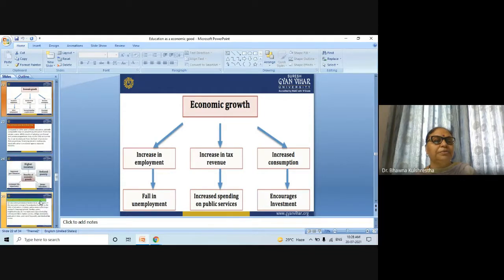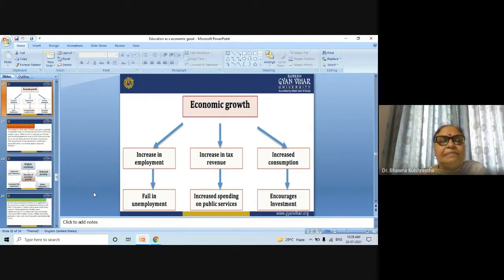These all are included in economic growth: increase in employment, increase in revenue, increased consumption, fall in unemployment, increased spending on public services, and encourages investment. These are all the economic growth.